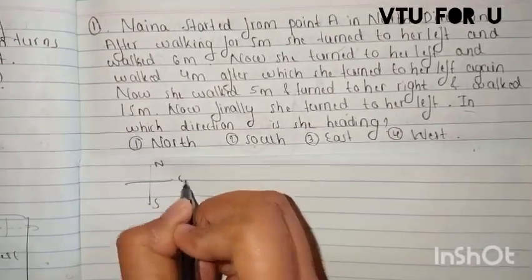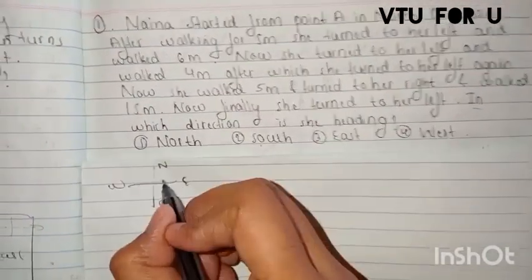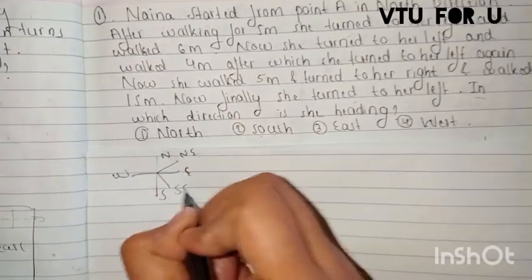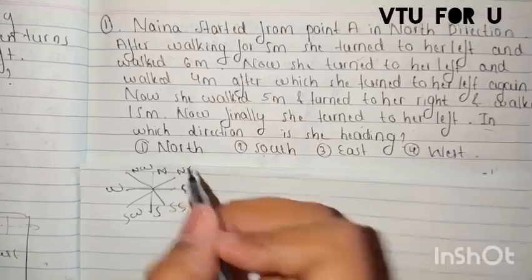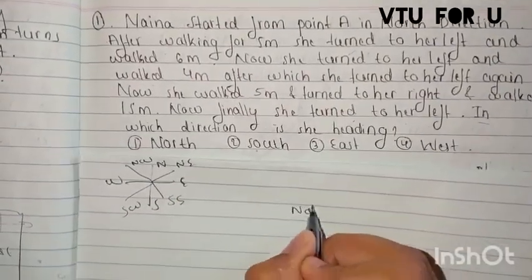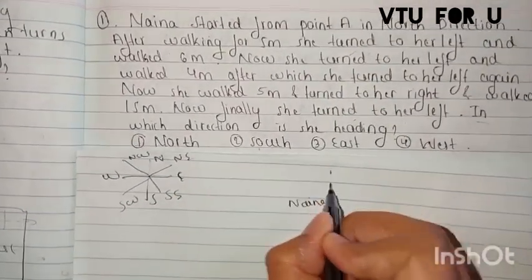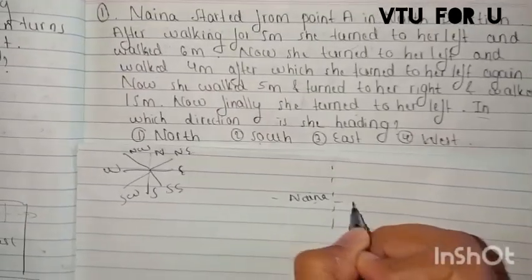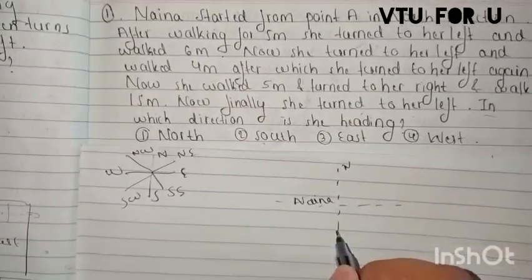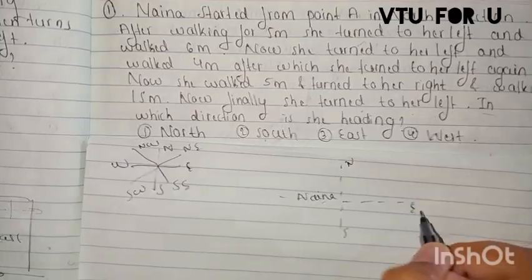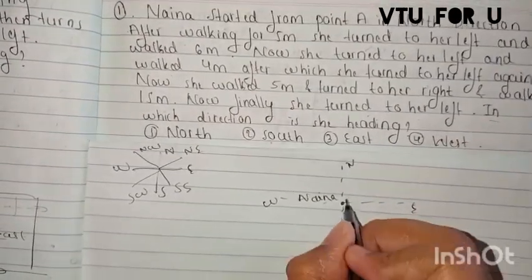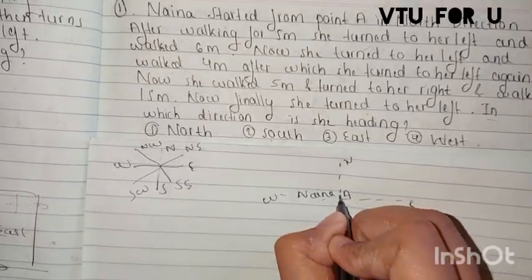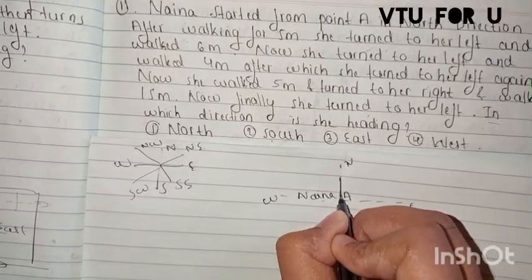This is north, this is south, this is east, this is west, this is northeast, this is southeast, this is southwest, and this is northwest. Okay, there is Naina. As we all know, there are 4 directions: north, south, east, west. This is Naina. Started from the point A in north direction. She is heading towards the north direction.